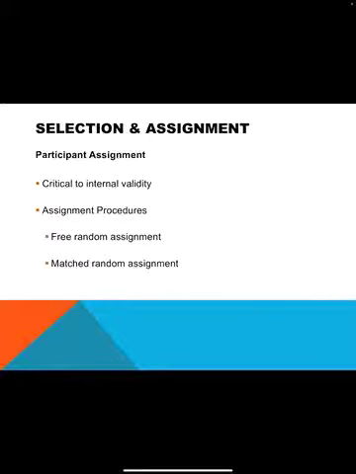We use pretty much the same types of logic that we use in sampling, and we want things to either be as random as possible, so that we don't have any assignment bias and everything is due to chance, or that we get those groups as equal as possible by using matching procedures similar to those we talked about in the last lecture.